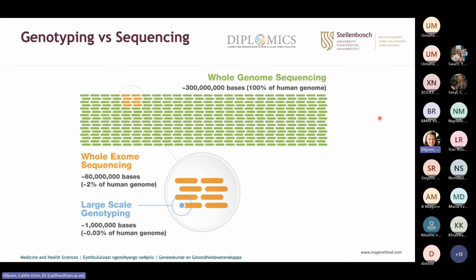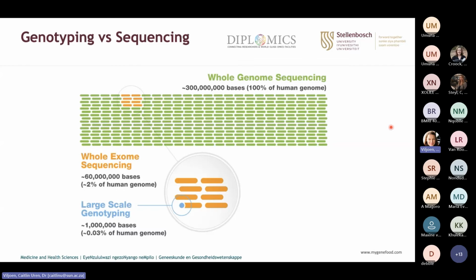Okay, so we all should understand the concept of genotyping and sequencing. Whole genome sequencing is about 300 million bases. It says here 100% of the human genome, but we know that that is not true. There are portions of the human genome that are not sequenced.